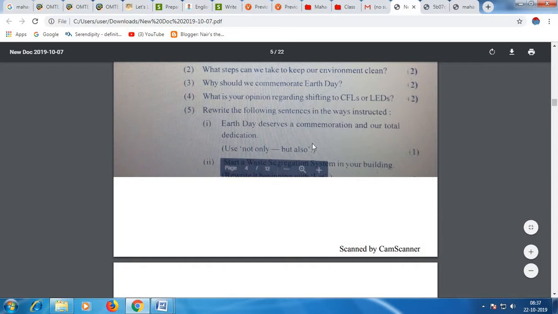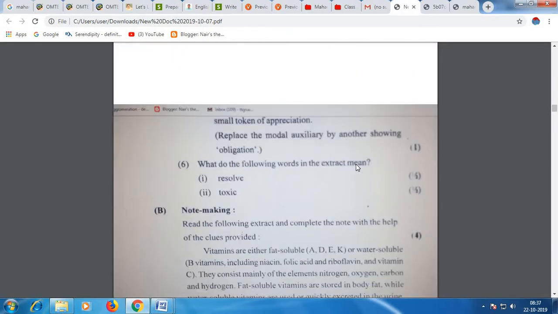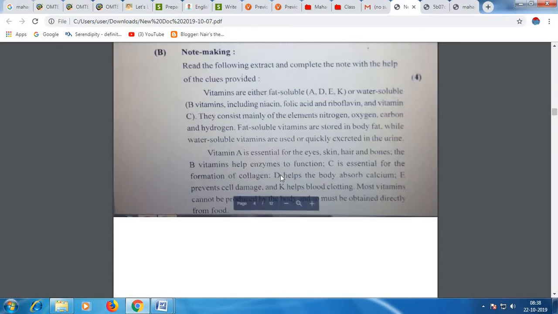Again you can see the grammar part, where you need to combine and use the passive. Rewrite it beginning with 'Let': start a waste segregation system in your building. So it's a passive one. And here the modal auxiliary is to be replaced, showing obligation, and then meaning from the extract.